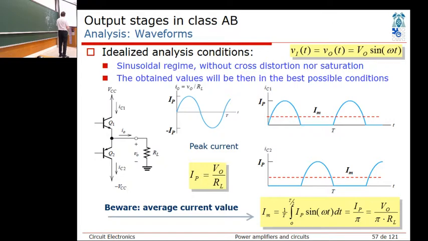Okay, so what does it mean for the waveforms? So we have this nice output signal that follows the input signal, and output current is simply output voltage divided by the RL.